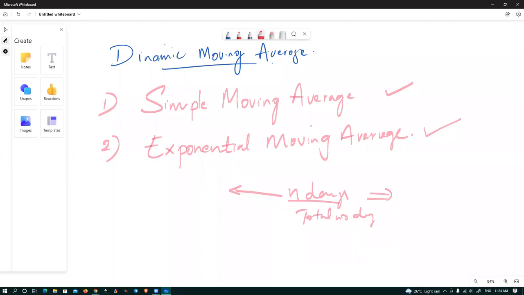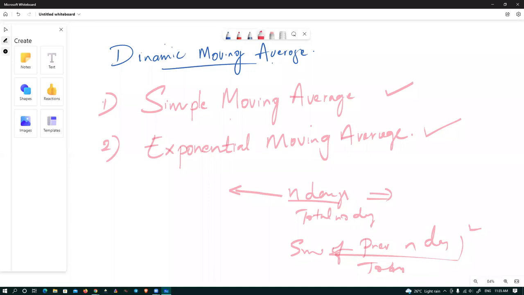Then what is exponential moving average? It is the same: the sum of the previous n number of days addition divided by the total number of days, with the value of exponential. Now, what is the difference between these two?